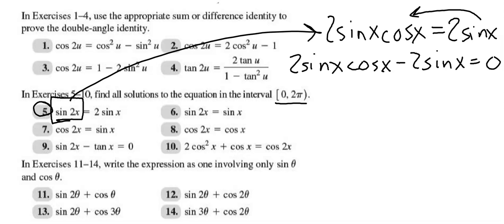What do you think we should do next? Pull out the GCF. What's the GCF? 2 sine x. Great idea. Pull it out. In other words, you are factoring it.